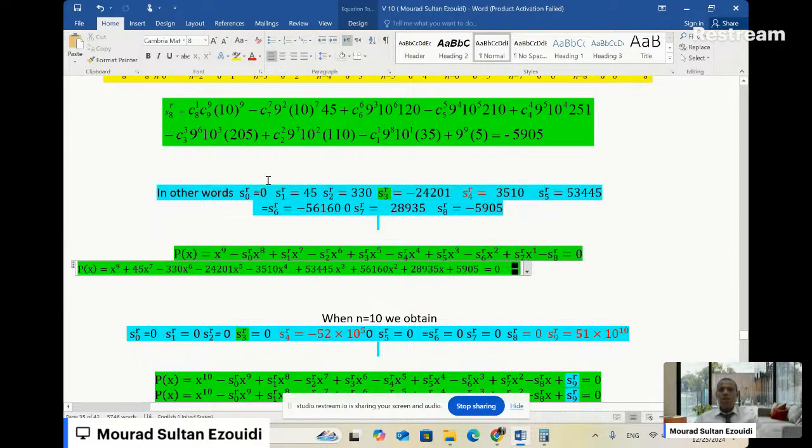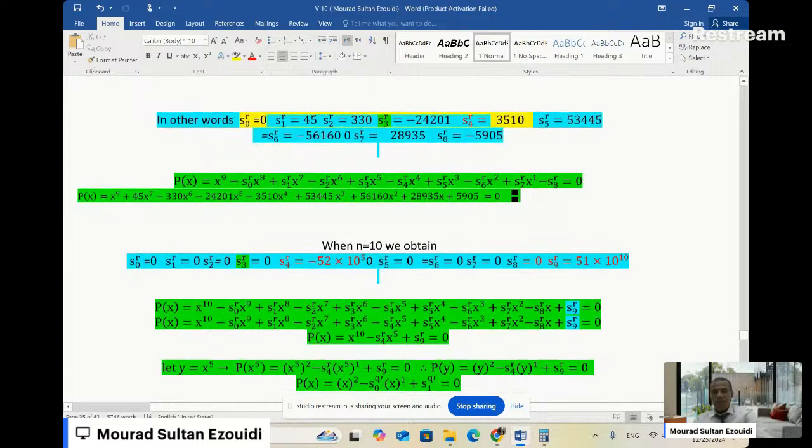You see all the coefficients of my new 9-degree equation are different from 0 except S0, which is equal to 0. Okay, because the sum of the x's of my new 9-degree polynomial.